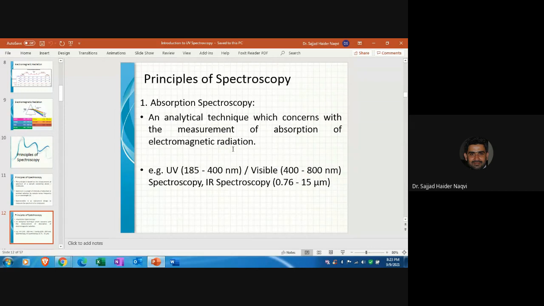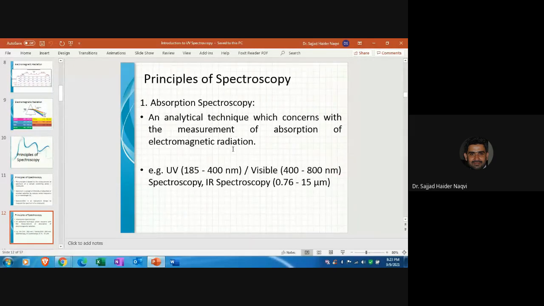As I said, this is one of the very basic fundamental analytical techniques which we use in our daily biological sciences experiments to find out the concentration. Now remember the spectrum that I shared.